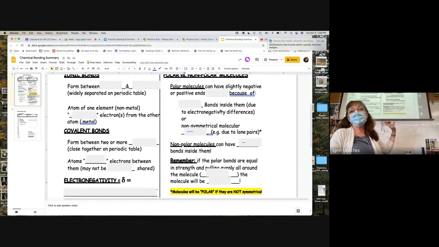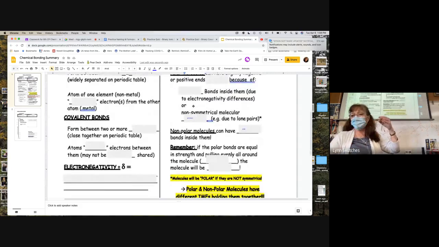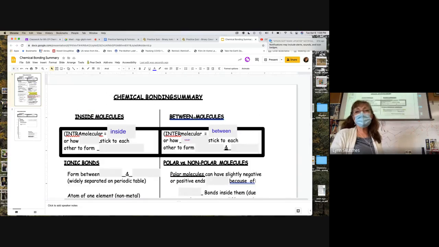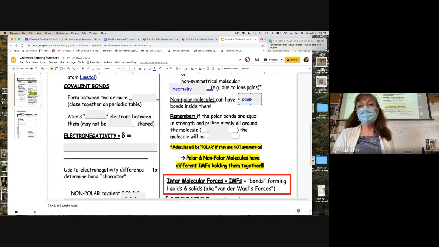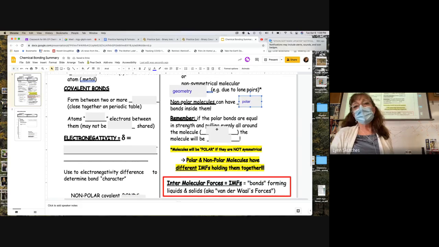Polar molecules have dipoles. They have slightly positive and negative ends because of the bonds inside them, like between hydrogen and oxygen, or because of the geometry of the molecule, and that's usually because of the lone pairs.